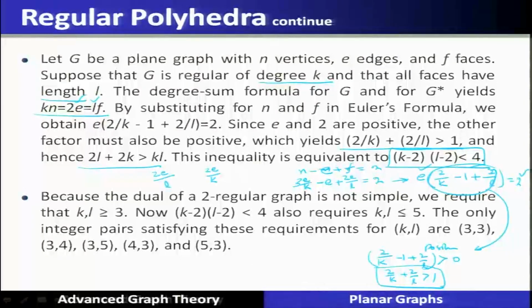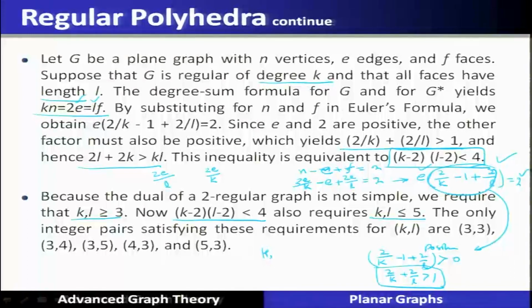Again, since the dual of a regular graph is not simple, we require k and L to be greater than or equal to 3. Now (k minus 2) times (L minus 2) is less than 4 also requires that k and L should be less than 5.